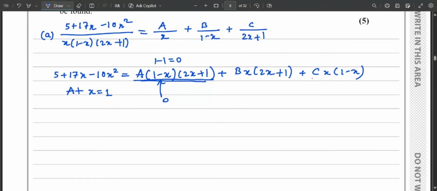In the case of c also, putting 1 into 1 minus x gives us 0, so c and x multiplied by 0 make the whole expression 0. So the two expressions with our unknowns a and c disappear, and the only unknown is b. So we can calculate the value of b from that. Let us do this.